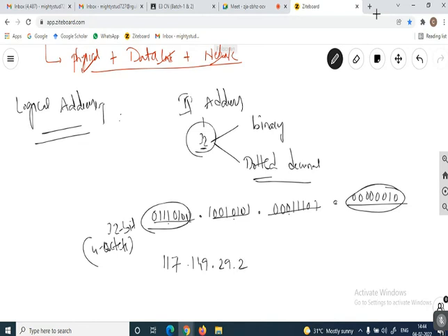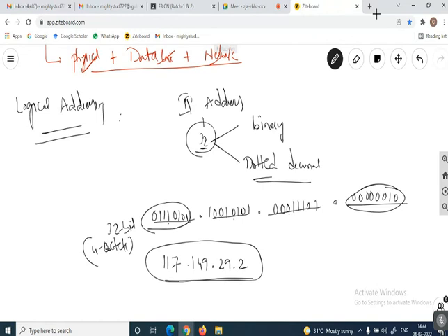This is the dotted decimal representation. We already have awareness about the IP address; daily in our lives we use IP addresses, and the format we use in our lives is the dotted decimal representation.